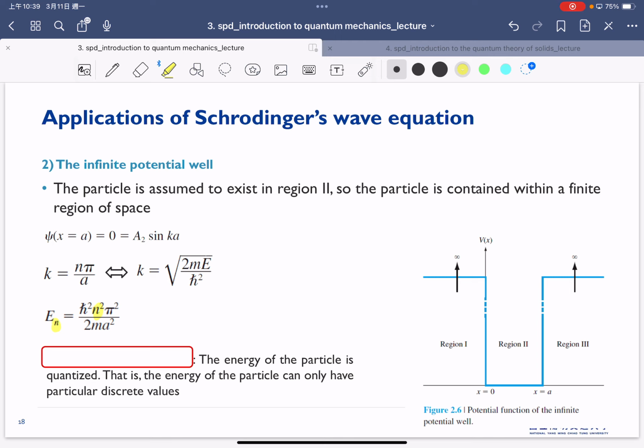So for example, we have the E1 that's equal to this one. We have the E2 that's equal to this one.